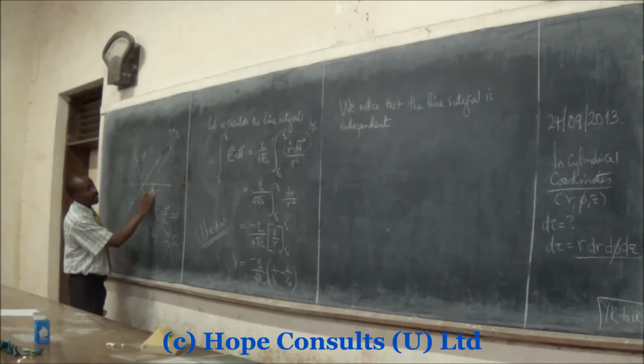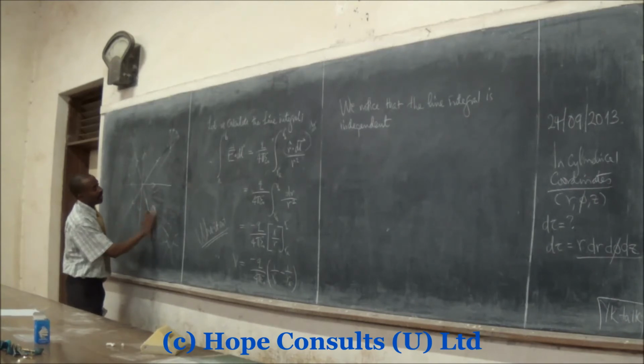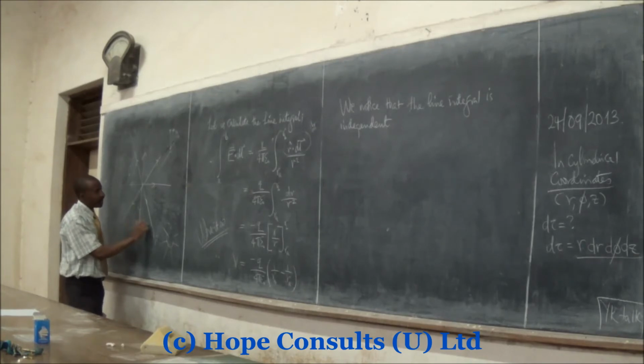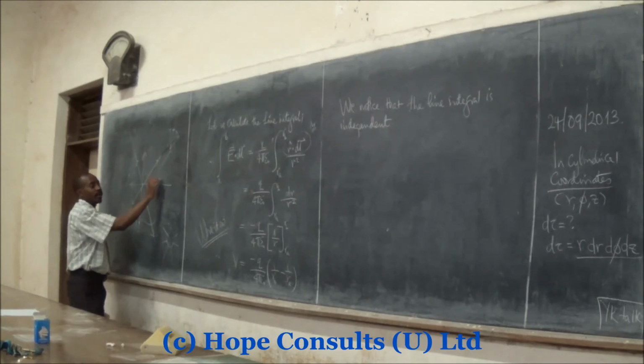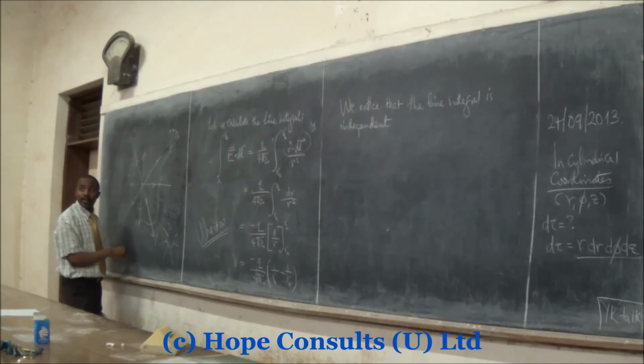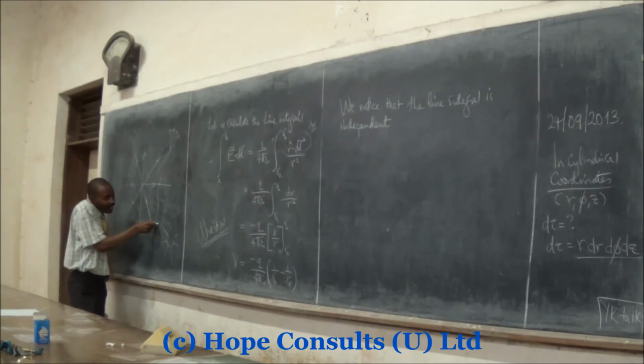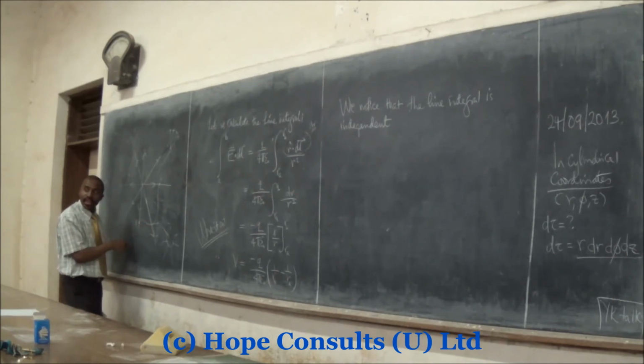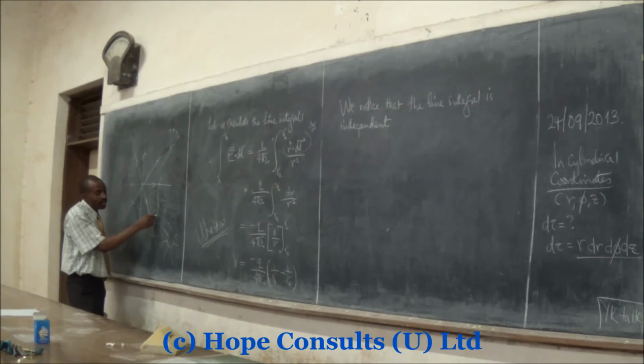And we are having our path from A going to B, okay? And we are getting a tangent, our tangent to the path, being the same as?